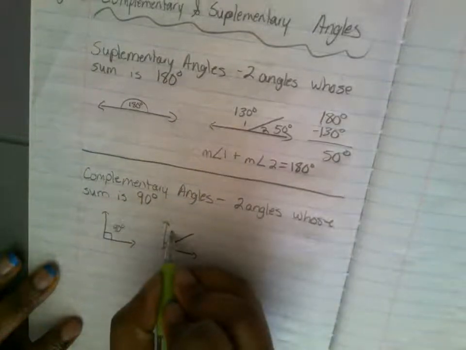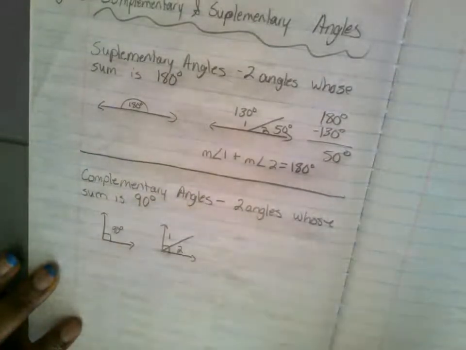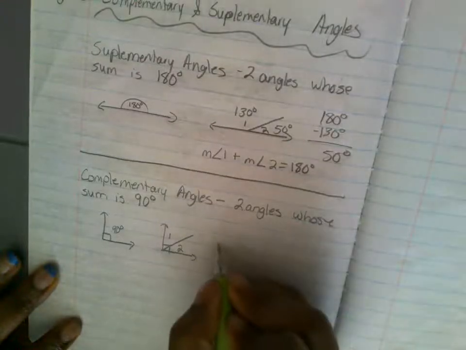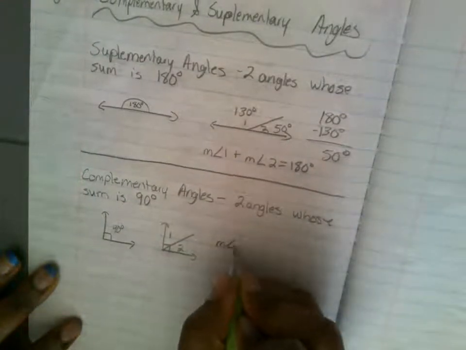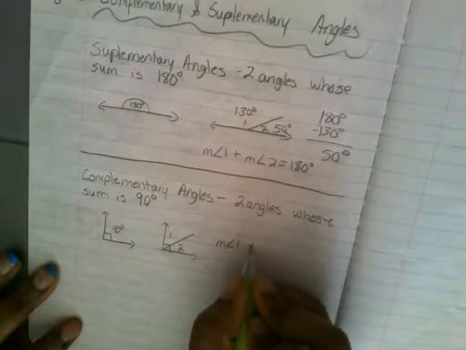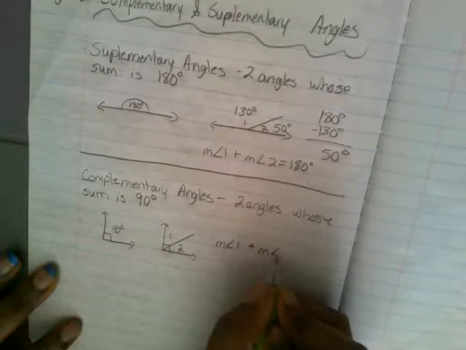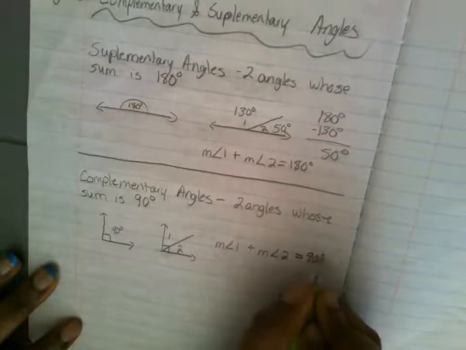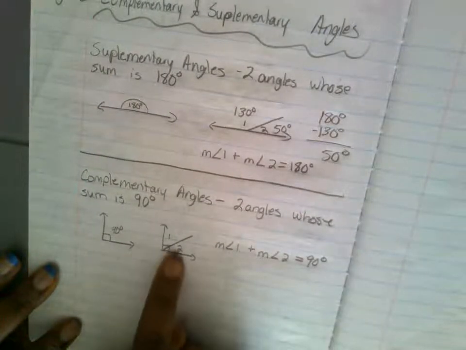And I call this angle 1 and this angle 2. I write this as the measurement of angle 1 plus the measurement of angle 2 is equal to 90 degrees. This is how I write this.